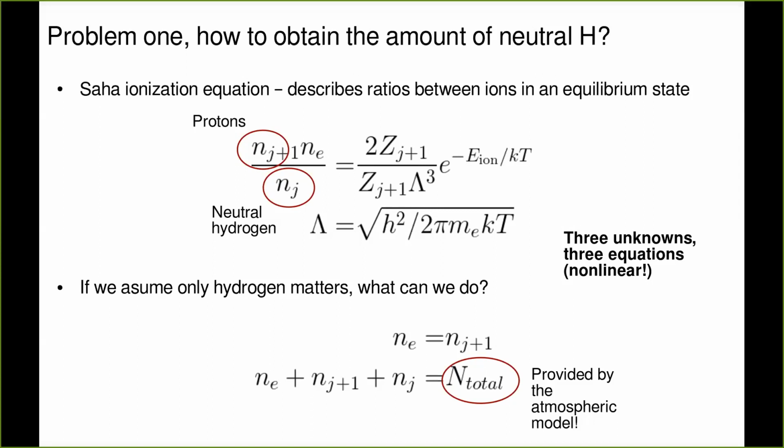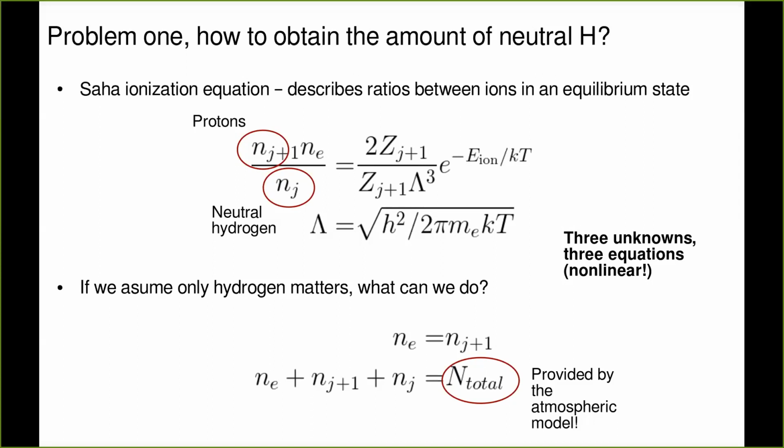Now imagine if we had multiple species. Imagine that in addition to this, I had helium. Now I would have to write two more Saha equations, for neutral helium, once ionized helium, and twice ionized helium. Then this equation here would become more complicated.